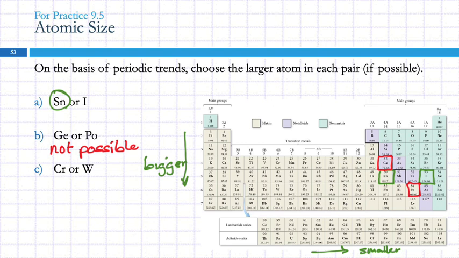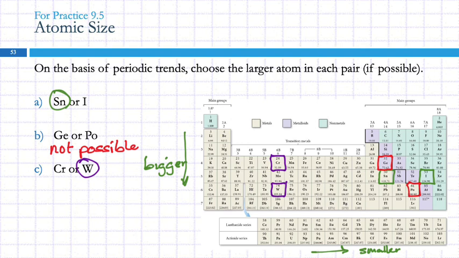And then let's look at chromium and tungsten. There's chromium and tungsten. Which is bigger? Tungsten. The one that's lower is bigger. Any questions?